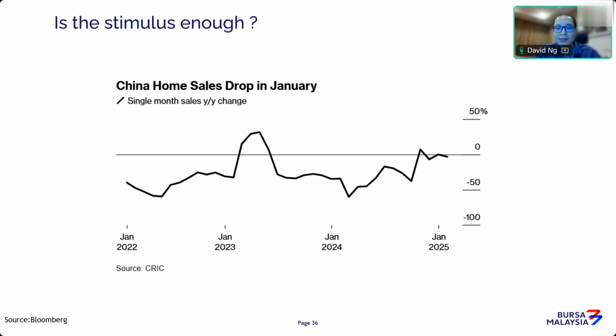So when you have a crisis, especially in real estate, which is an illiquid market, it takes time for stimulus to take effect. I think stimulus measures are kicking in, but it takes a few quarters minimally, or even a couple of years, to be reflected. If you look at the latest numbers, China home sales are still showing that there's still weakness there.